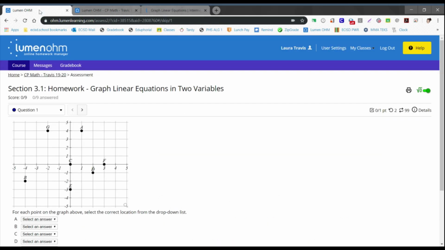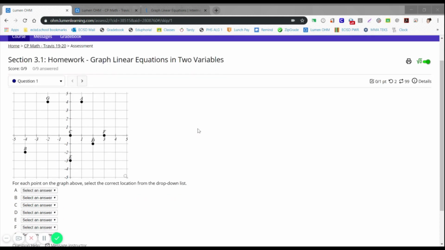If I switch back and forth between the tab with the assignment and the tab with the textbook, I can easily figure out which label goes with each point on this graph. Point A is in the top right, so it's in the first quadrant. Point B is in the bottom left, so it's in the third quadrant. C is located right in the center where the 2 axes meet, so it's located at the origin.